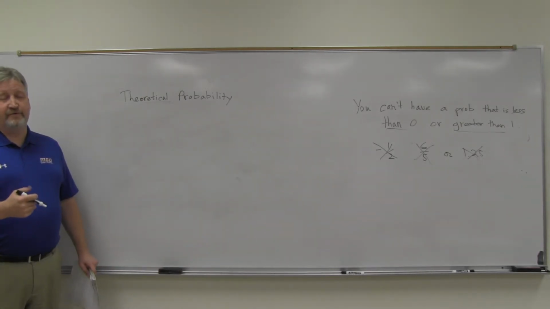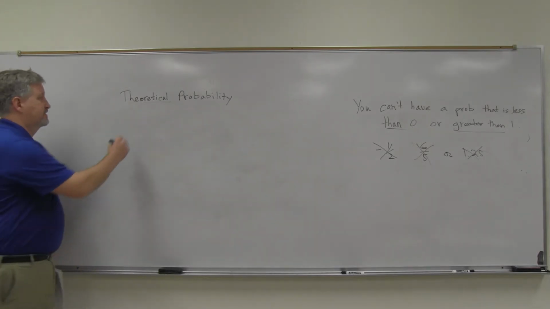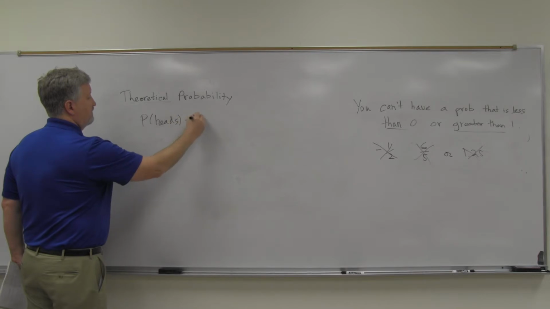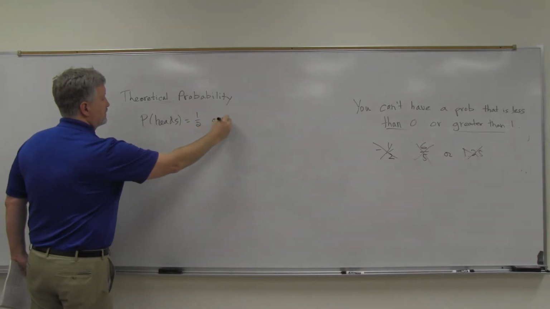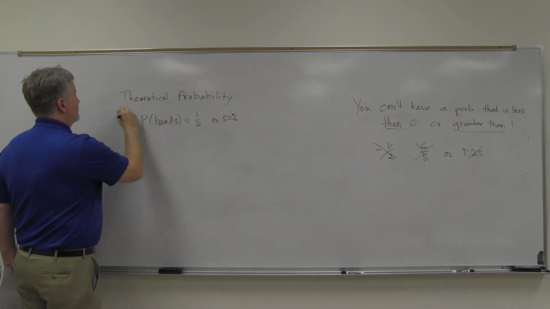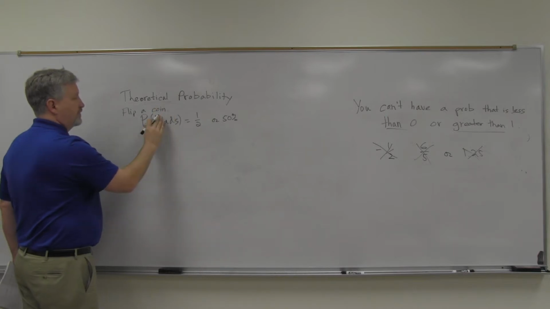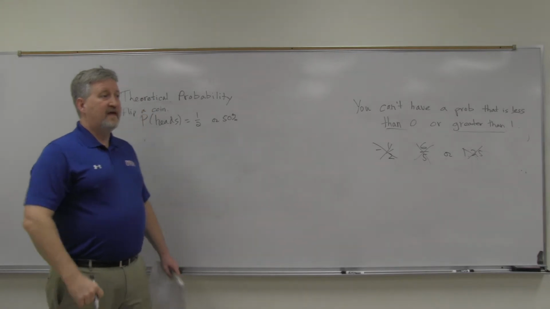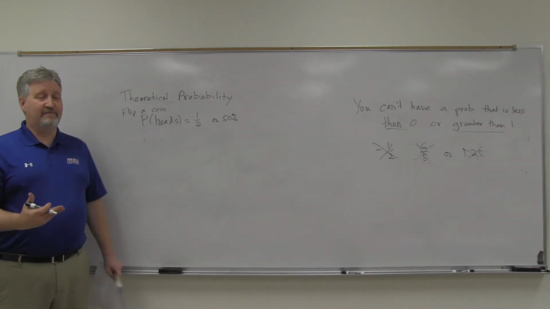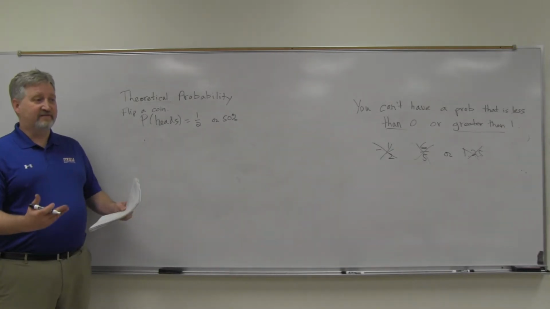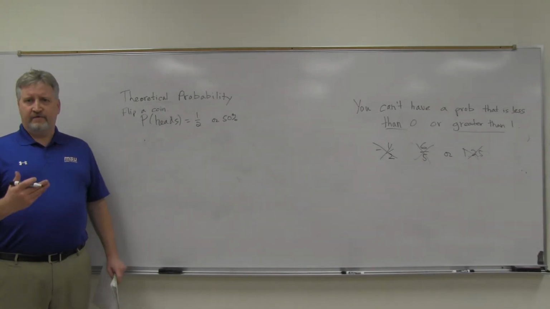Did we actually flip a coin to say the probability of heads was 1/2 or 50% when we're talking about flipping one coin? All right, so we flip a coin, the probability of heads is 50%, or 1/2. That's theoretical because I didn't actually flip the coin. I thought about what the coin has. It's got heads and tails. So that's in theory what it is.